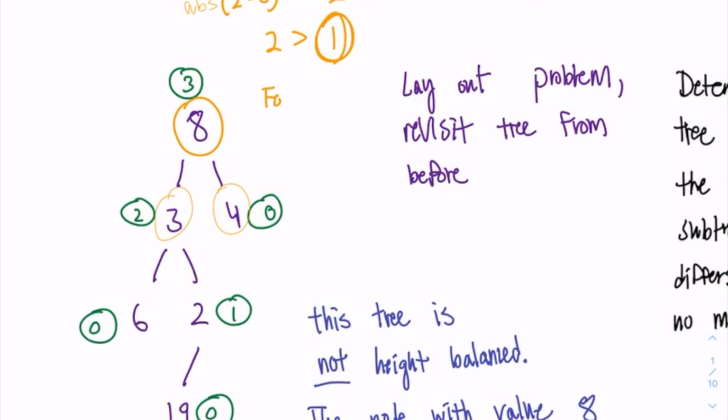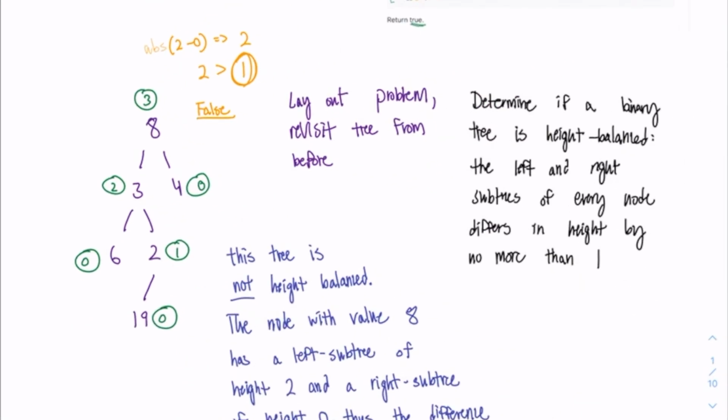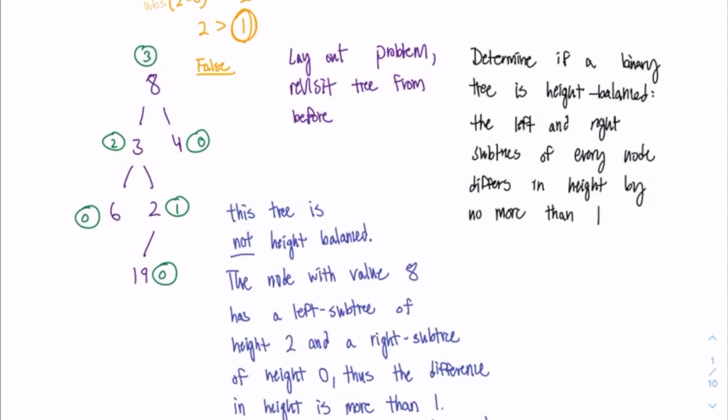It is false. And this is only because these two nodes have a difference of height greater than 1, which makes this whole tree false. So that's an example of a binary tree that will output false when going through the algorithm.